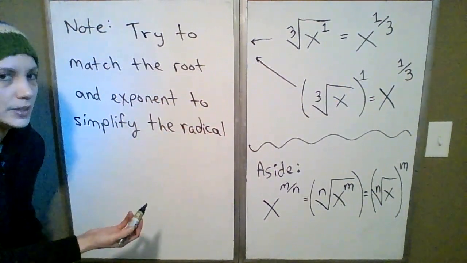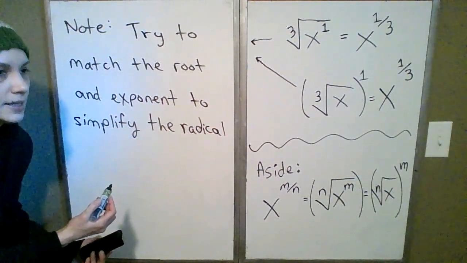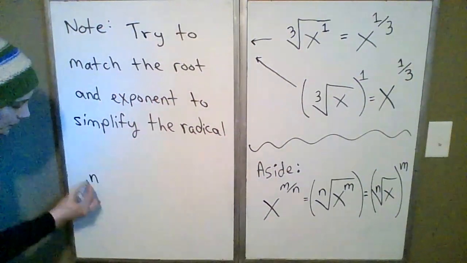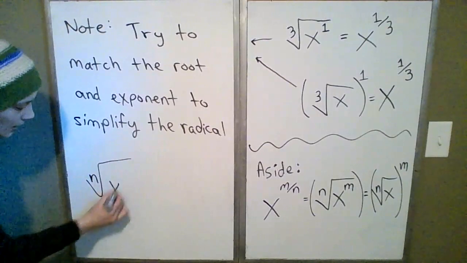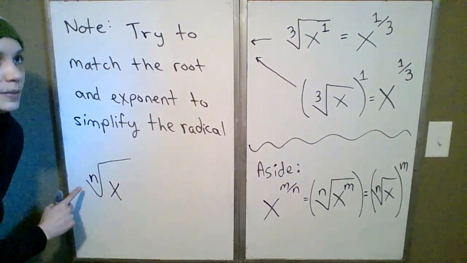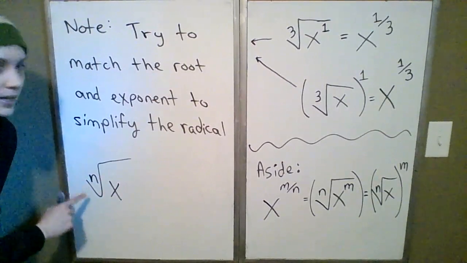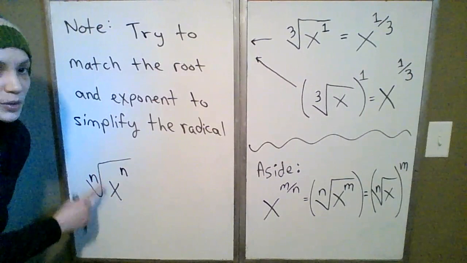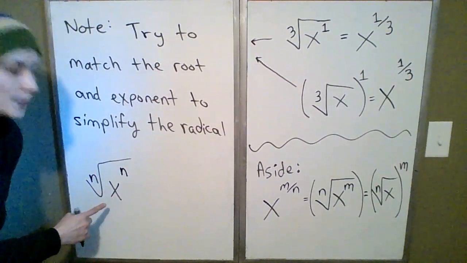It may be a better way to say that, but the idea is if you have an nth root of x, and you can write this number with the same power as that root, so you have x with power n, you use exponent rules to get this kind of setup.